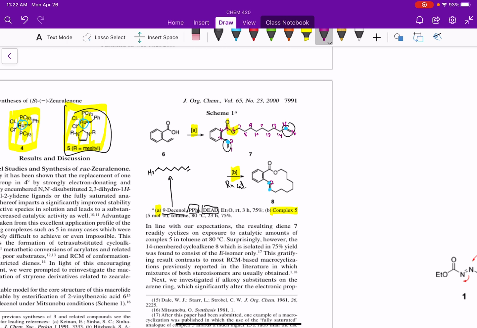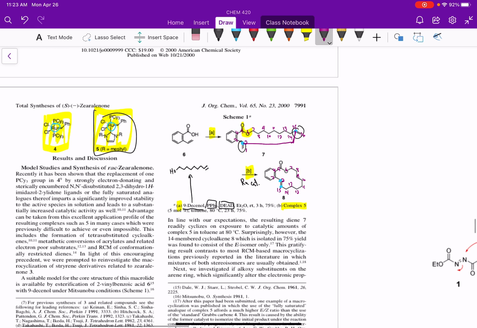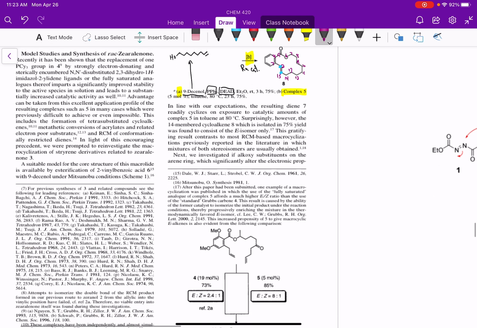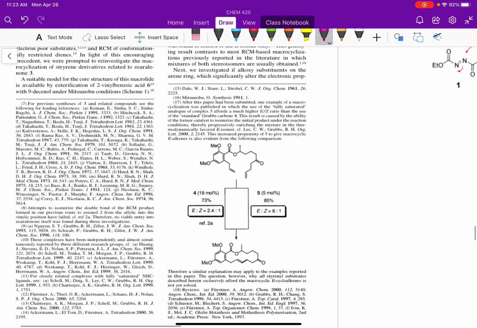Our connection is from carbon 2 to carbon 15. This shows you that you can form really large rings using the ring closing metathesis reaction. Generally you'll be forming the E alkene, so you get E over Z ratios favoring E.